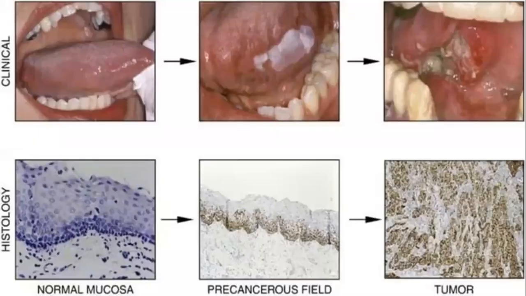So moving to the next slide, these are the histology and clinical development of the dysplasia, tumor, normal mucosa, and precancerous field. Here in the pictures, you can clearly see how these symptoms could be found and how to differentiate the actual illness, the precancerous state of the human mouth.